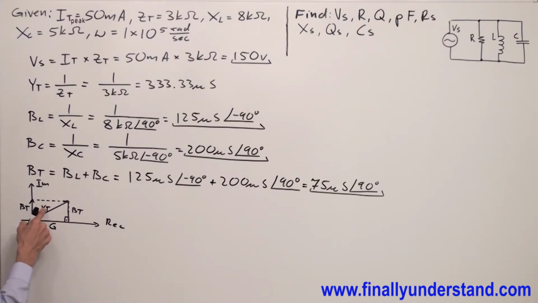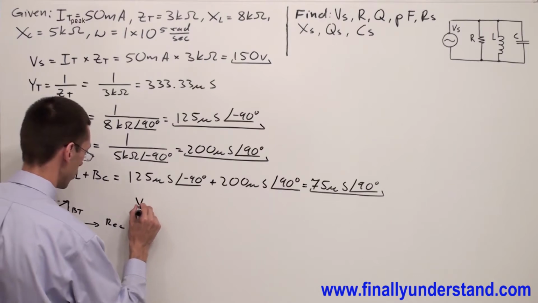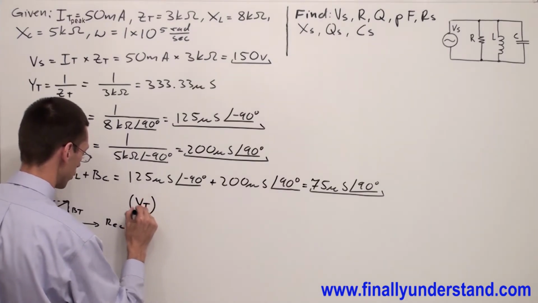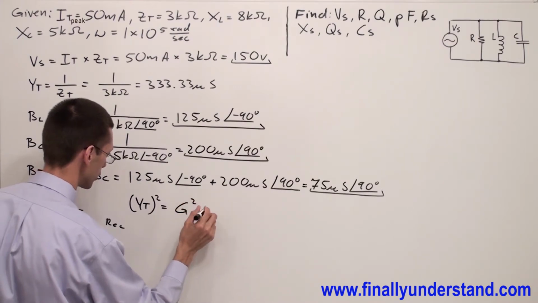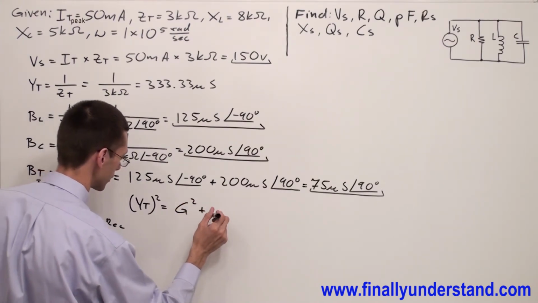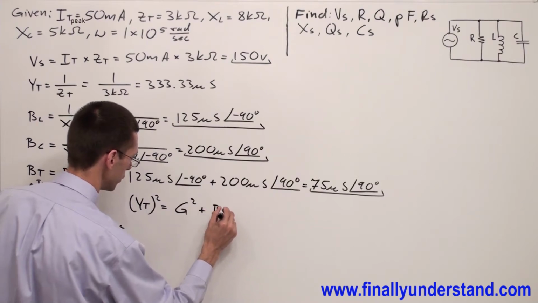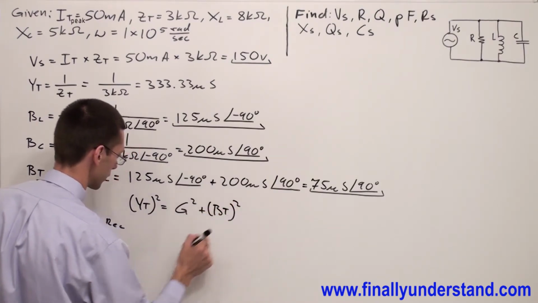So I have Y total and I have B total, so I can find G using the Pythagorean theorem, because right now I'm talking about the right triangle, and this is going to be my angle. Okay, so the Pythagorean theorem says that Y total raised to the second power is equal to G square plus B total square, right?